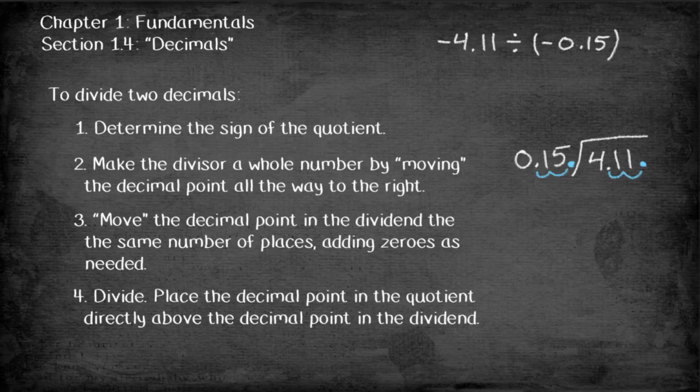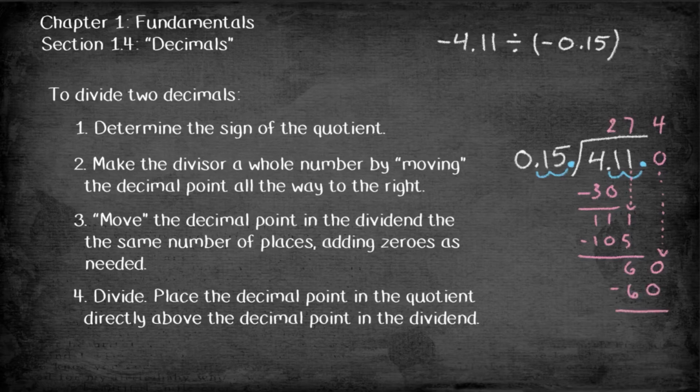All right, now we're going to divide like normal using our favorite method of division. And the decimal point in the quotient is going to be directly above the decimal point in the dividend.